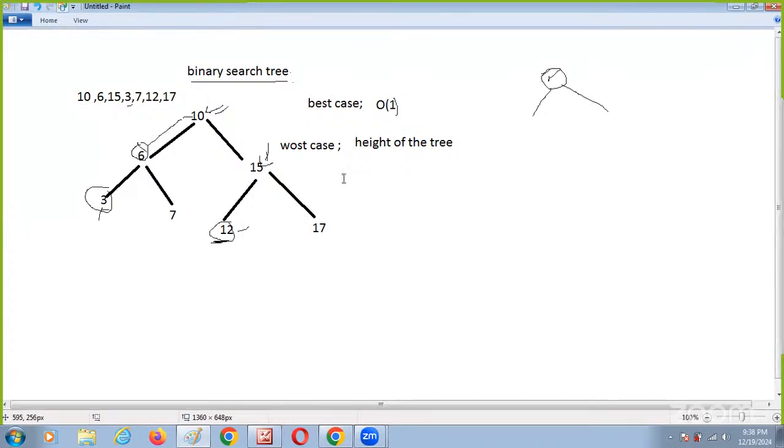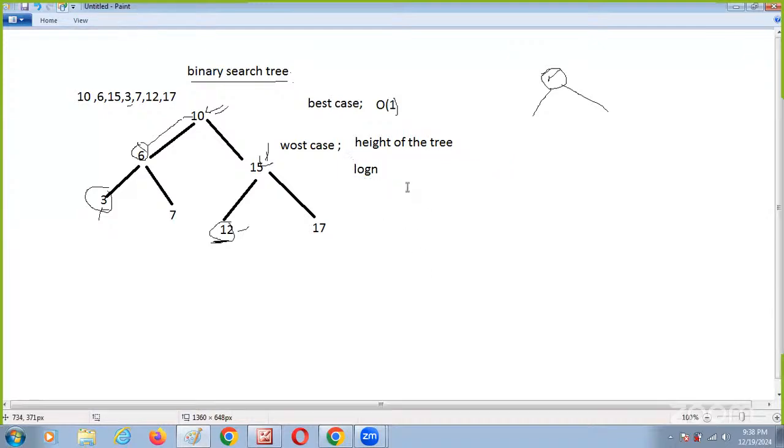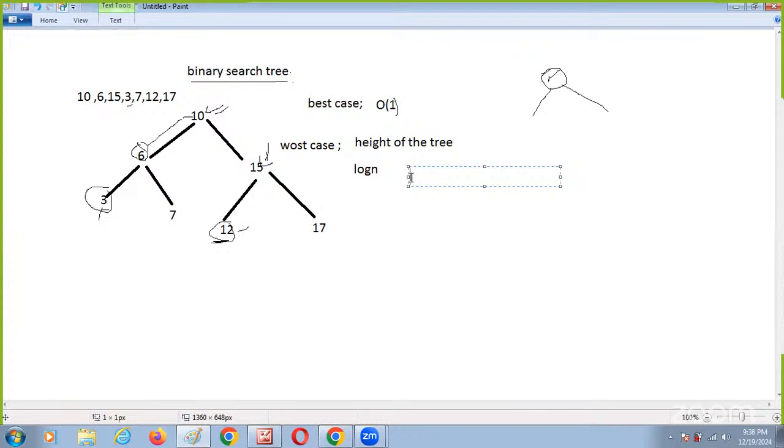3. So in general, the worst case time complexity is log n. So I can say that the worst case time complexity is order of log n.